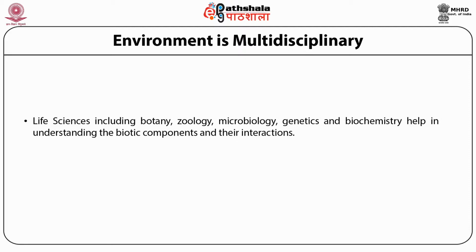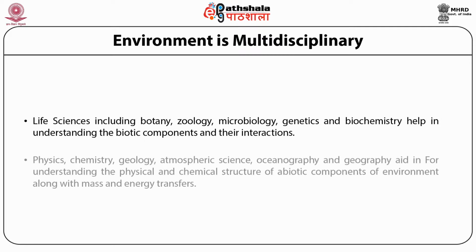Let's take the examples. Life sciences, including botany, zoology, microbiology, genetics, and biochemistry, help in understanding the biotic components and their interactions. Genetics and biotechnology are emerging as very useful tools for finding solutions to our environmental problems.